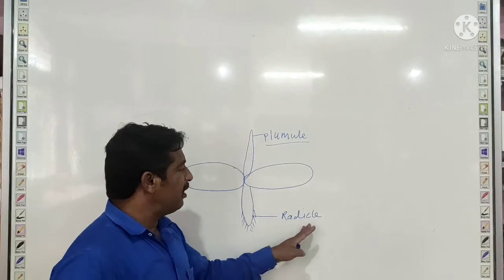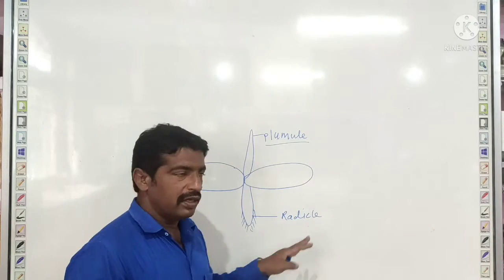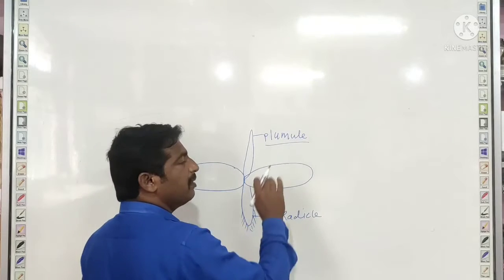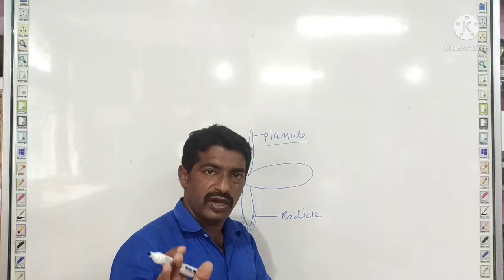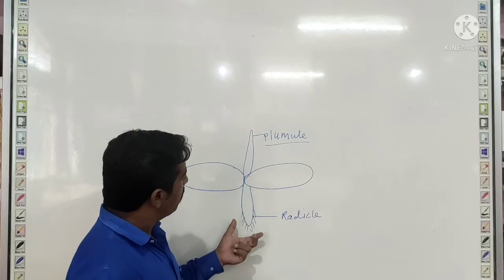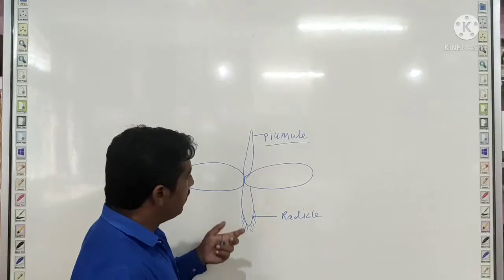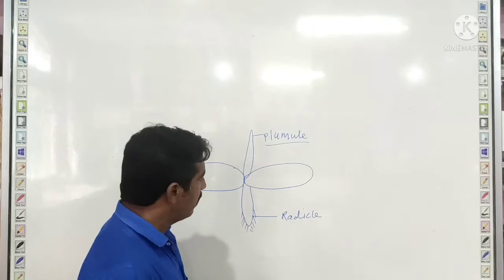Now this radicle, by further growth, forms the future root, whereas this plumule, by its further growth, forms the future shoot or stem. Then it elongates, and there are two important regions.